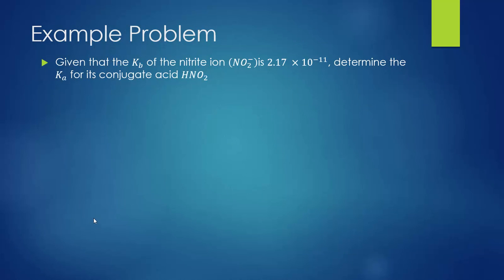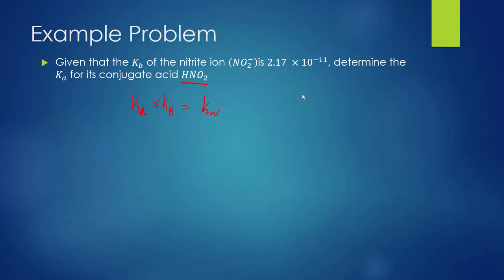So an example problem here is: given that the base ionization constant of nitrite ion, NO2 minus, is 2.17 times 10 to the negative 11th, determine the Ka for its conjugate acid, nitrous acid, or HNO2. So this is not hard at all. Ka times Kb equals Kw.